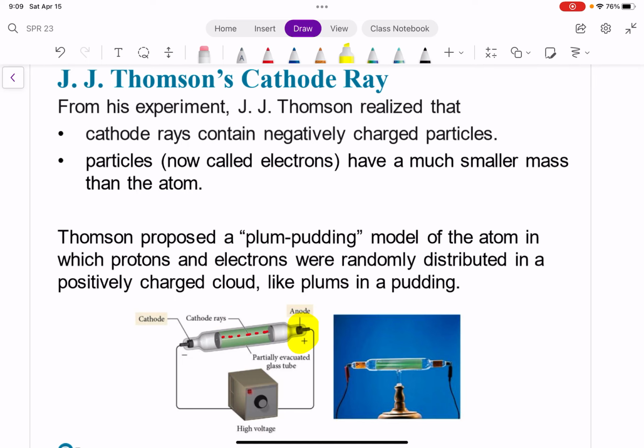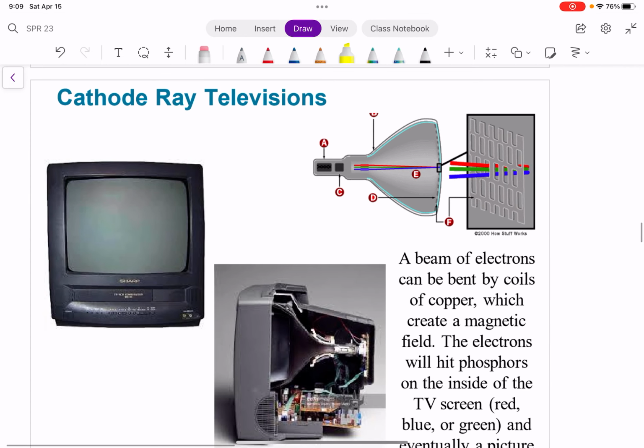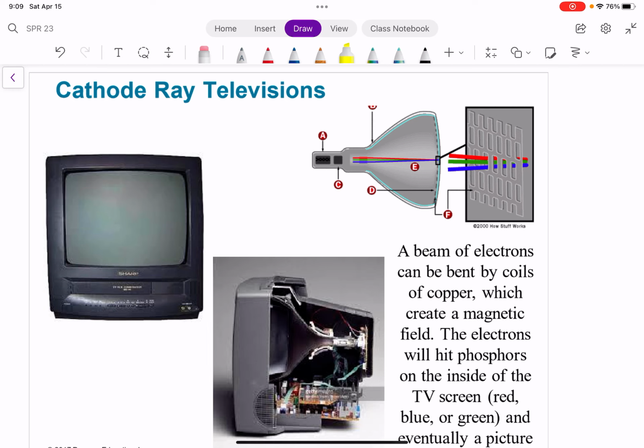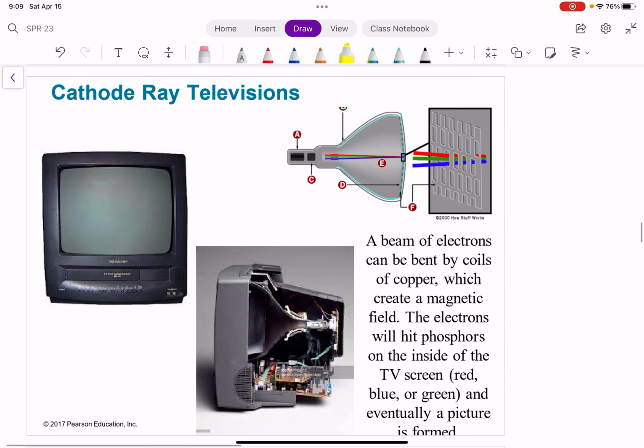Actually, I kind of want to show you guys this next because it's still about cathode rays. This is just an interesting side note, but I don't know if you ever had these larger, bulkier TVs in the past. Look how bulky this is.